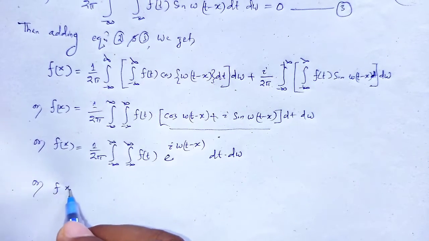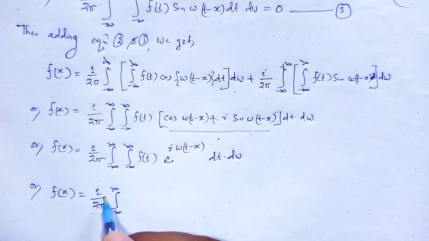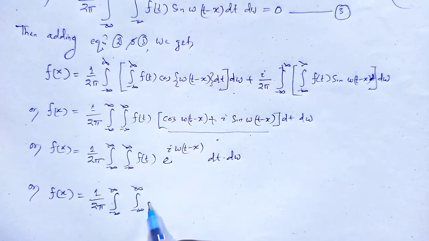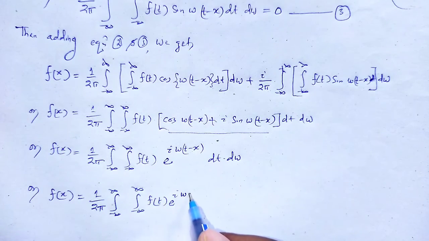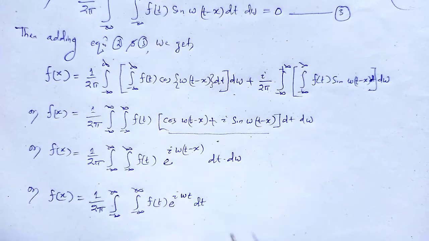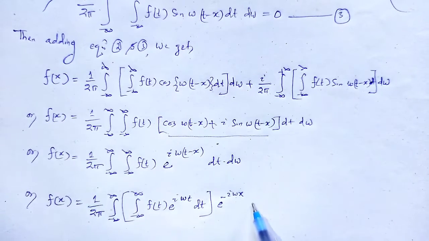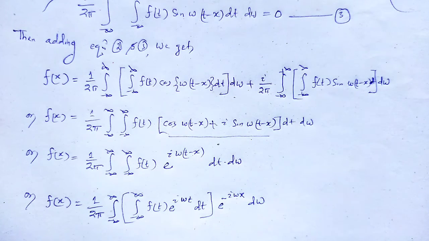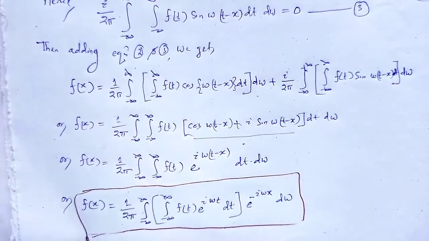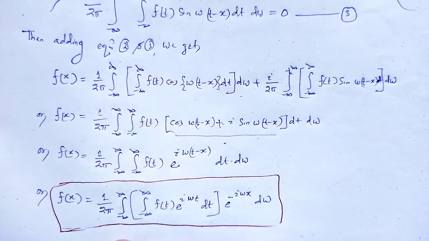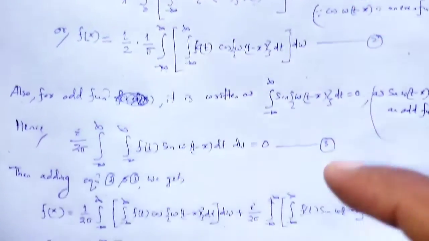Therefore, f of x is equal to 1 by 2 pi integral minus infinity to plus infinity, minus infinity to plus infinity f of t e to the power i omega t dt, another integral as e to the power minus i omega x d omega. That is the Fourier integral in complex form of that function f of x.